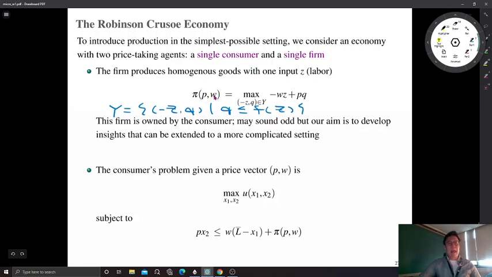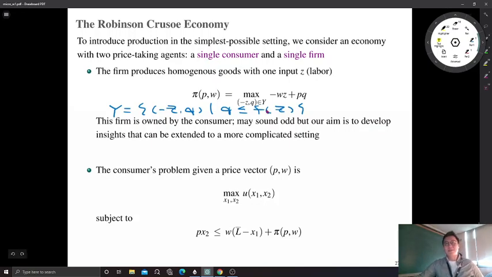Now suppose this firm is owned by that single consumer. In fact, in this economy there is only one agent, and this agent engages in consumption and production at the same time. In reality, firms are owned by several consumers or several households, but for simple analysis, we are going to assume a very unrealistic economy.